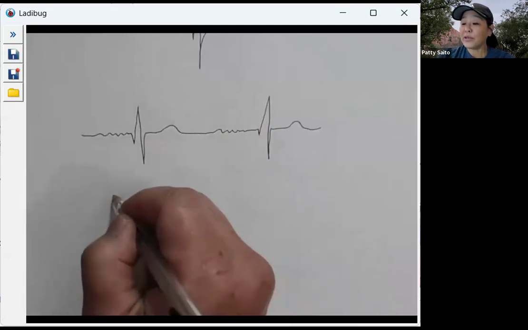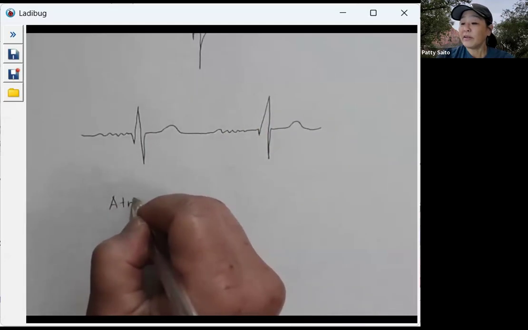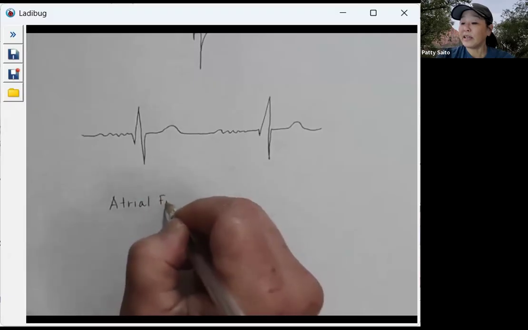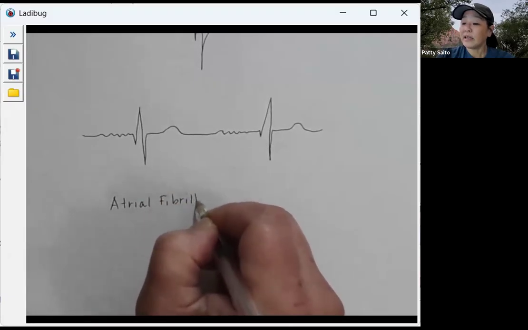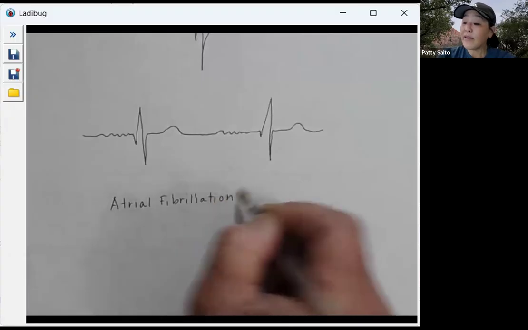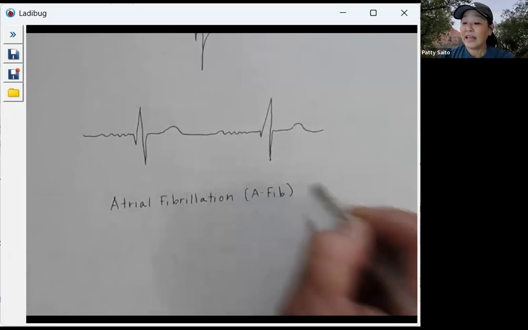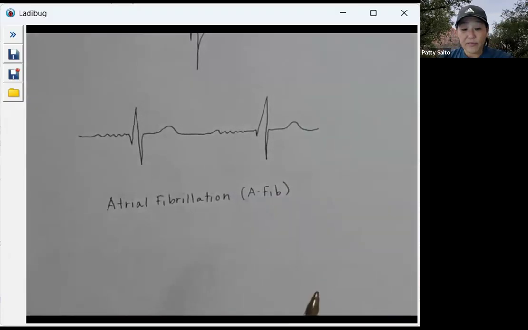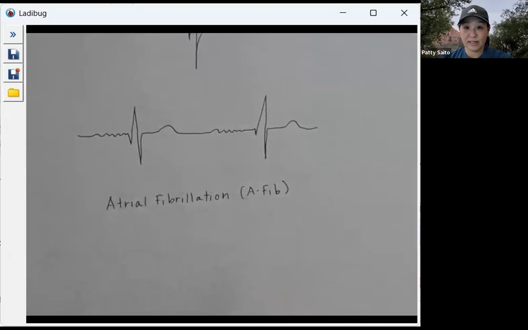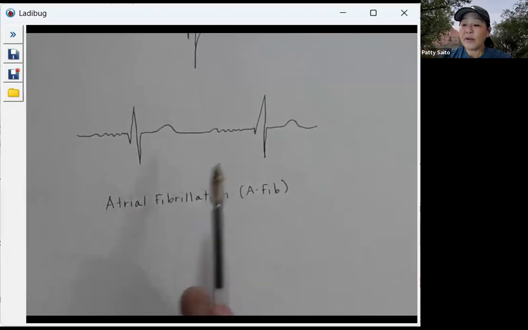This is called atrial fibrillation, or AFib. You've probably heard of that. A lot of people have AFib. I have two brothers-in-law who have AFib. So what does that mean?